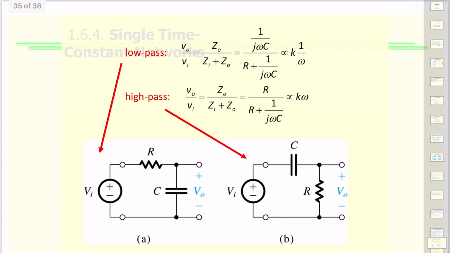In a similar way like before, where we were looking at the output as a voltage divider between RL and RI, now we are looking at the reactances from those components, so j omega C or j omega L. So for low pass and high pass, RC circuits are what are used.